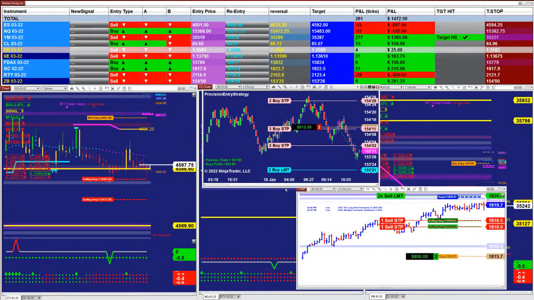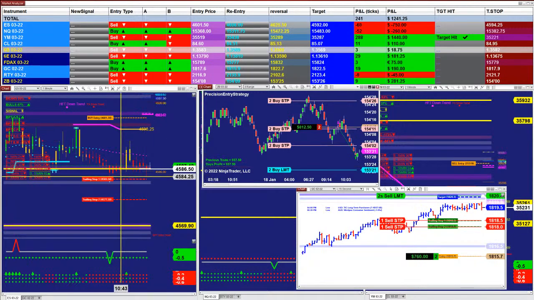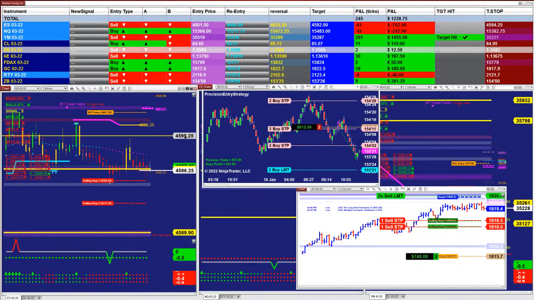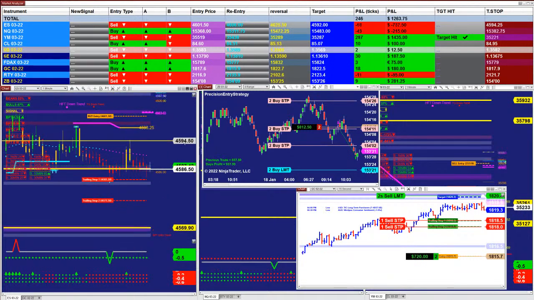So let's take another example. We need to find some ES trade later on, and we will. Right now, if we look at the ES, this is something. Doesn't matter what you are using.